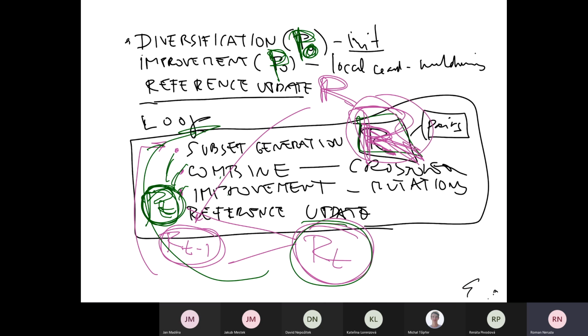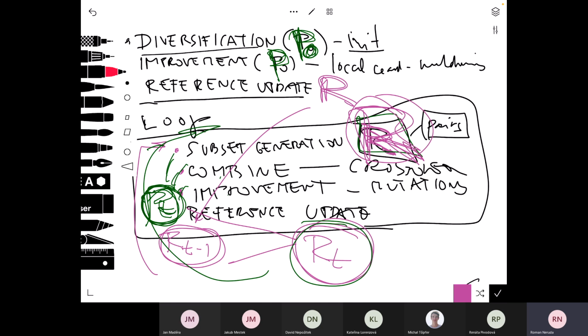They call diversification, which is like a smart initialization. They called improvement, what is basically local search, mutations. The combination is actually crossovers. The subset generation. So you're taking the set of reference points, and now you want to create your new candidates, right? New population for a while.